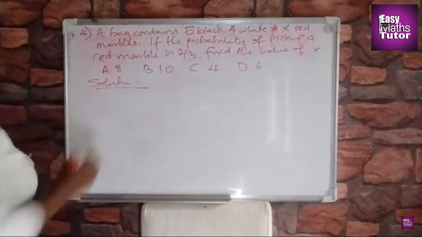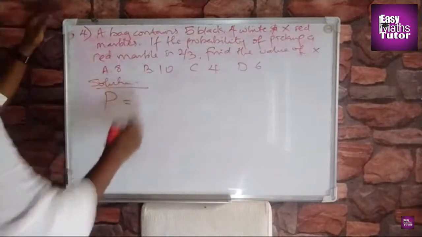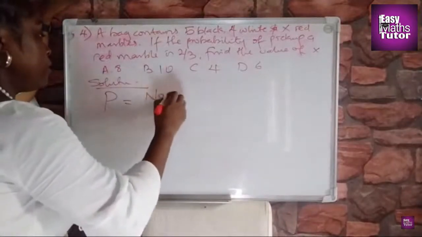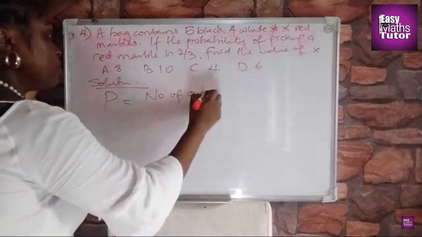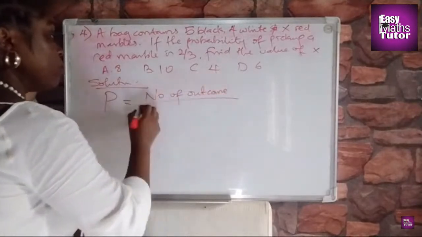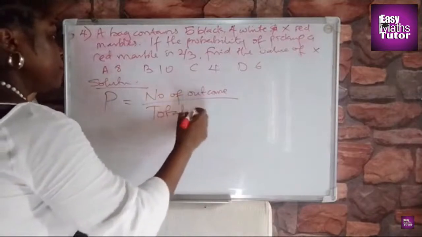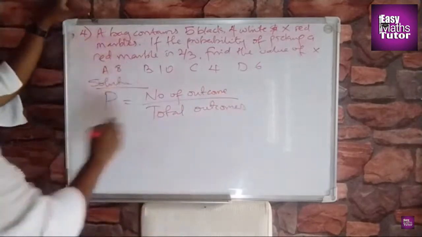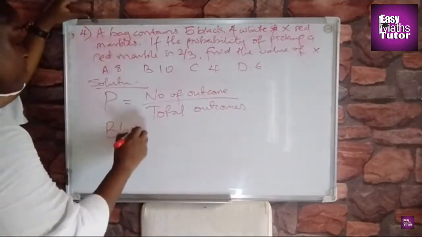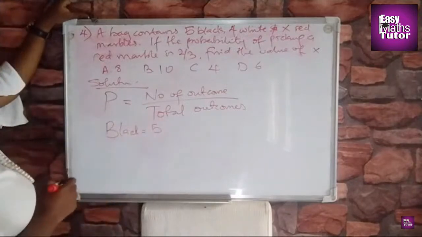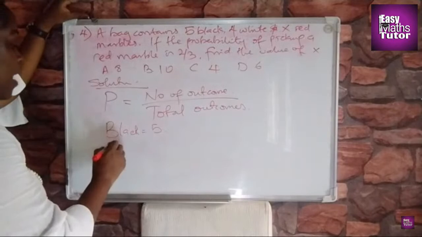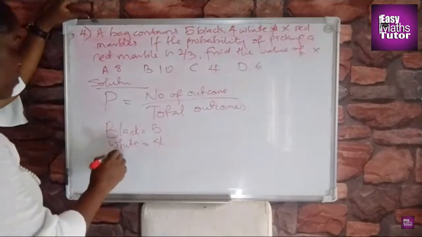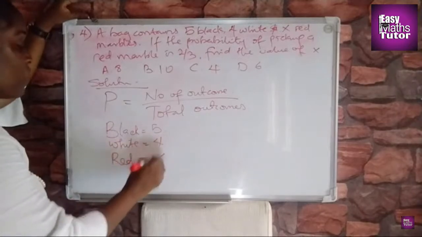Solution: we know the probability of an outcome is the number of outcomes of that particular outcome all over the total outcomes. For instance, for black we will have 5 outcomes, for white we will have 4 outcomes, and for red we will have X outcomes.